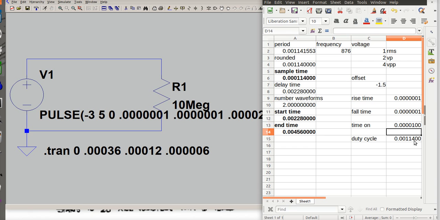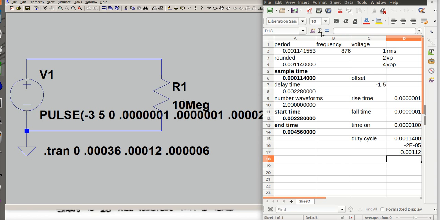And if I divide that in 2 for my rise time and my fall time, half of 112 is, I can just divide this by 2, so 0.1234 2, and I can make it negative. Enter. I can get the spreadsheet to do the math.